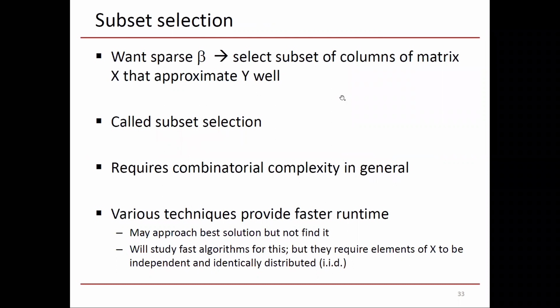So in subset selection, again, we want a sparse beta. We select a subset of columns of the matrix X that approximate Y well. Again, this can be in a machine learning type of problem where we have data, we want to model the data, we want a reasonable model, and for a human operator, we want a sparse model, a model that has few elements to work with.